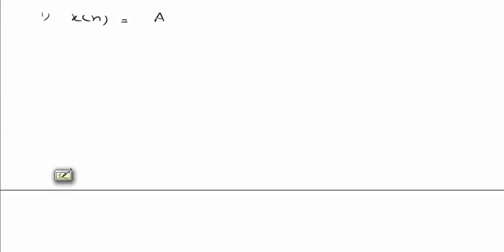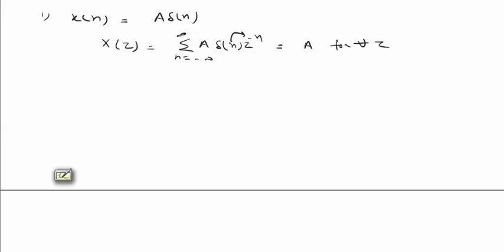Xn is A delta n, the impulse. X z is, by putting into the formula, we can directly write the Z transform of this, putting the zero value in it, and we get a result for all Z, the entire Z. Xn is u n. The Z transform we can directly write, otherwise through the formula.